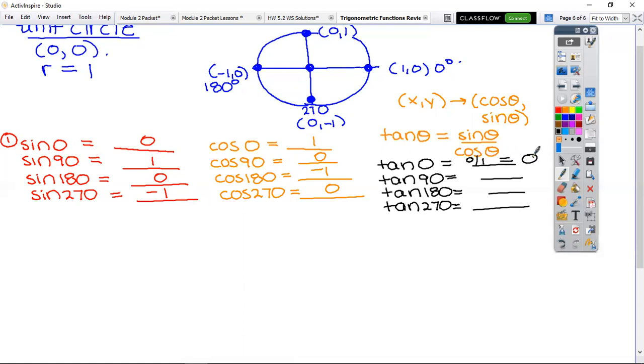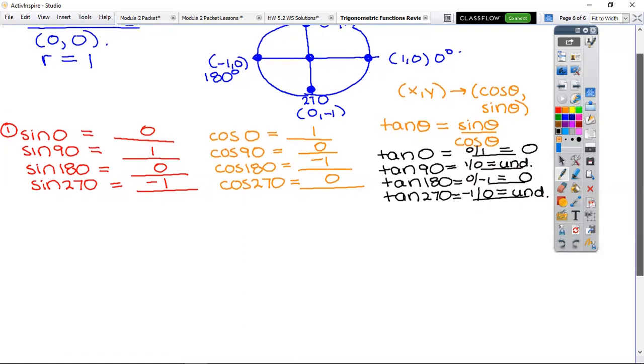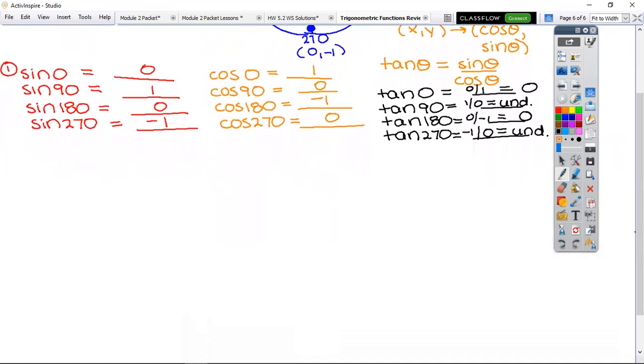Next, 1 divided by 0 is undefined. We can't do tan of 90. Tan of 180 is going to be 0 divided by negative 1, which is 0. And then what do you see about tan of 270? Also undefined. So 2 places.